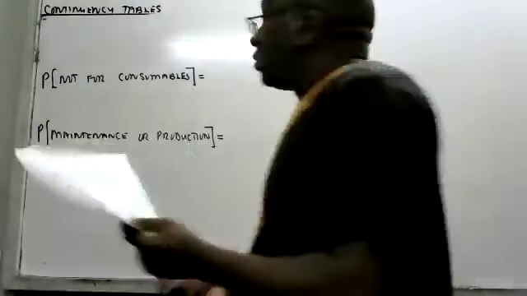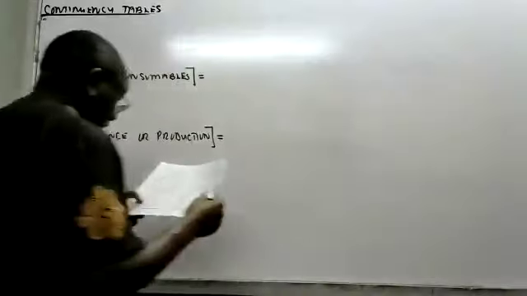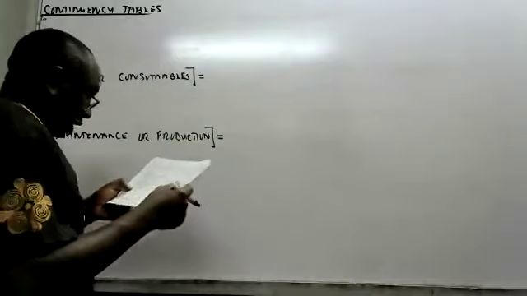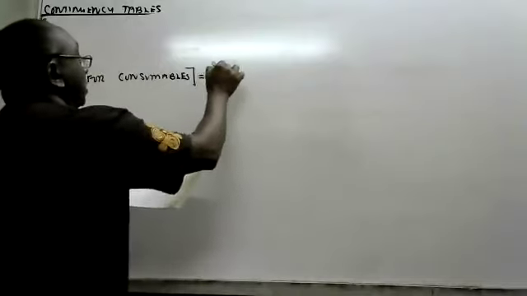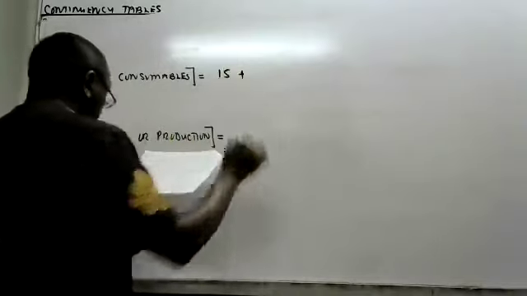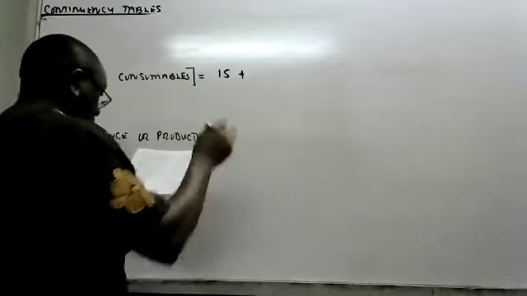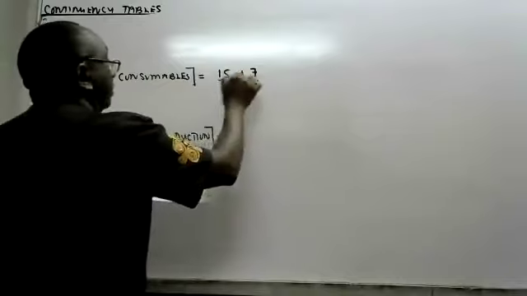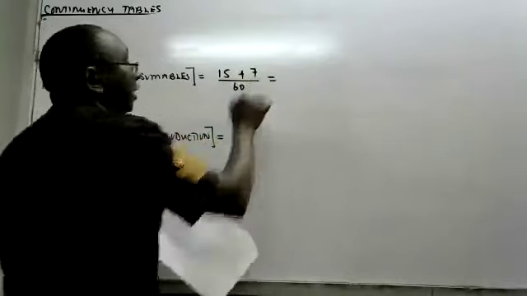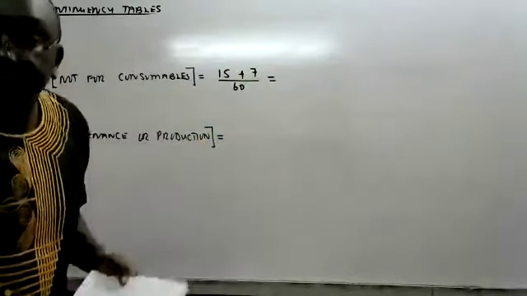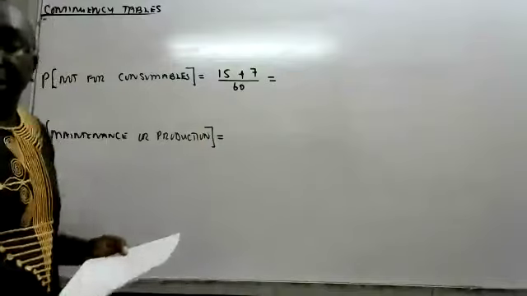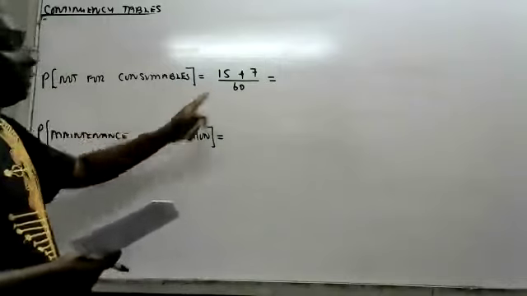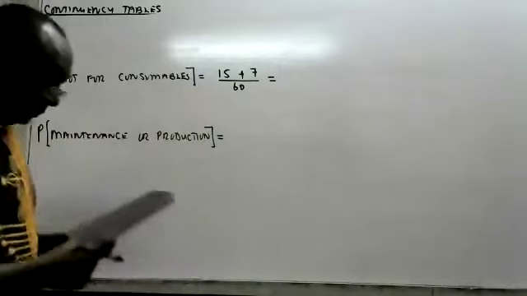It was not for consumables. So if it was not for consumables, it was equipment, that is 15, or special, which is 7. You divide by 60. 50 out of 60. That's how it should have been, Irene.